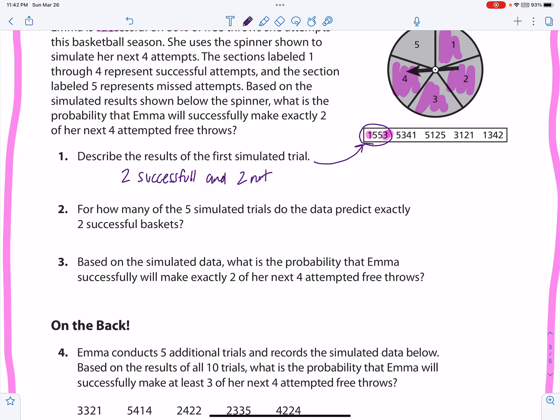Now they want you to do the actual findings to find out out of 1, 2, 3, 4, and 5 different simulations, how many have exactly 2 successful and 2 not. And then based on that data, what's the probability that she'll make exactly 2 of her next 4 attempted free throws? So what is the probability of that happening?